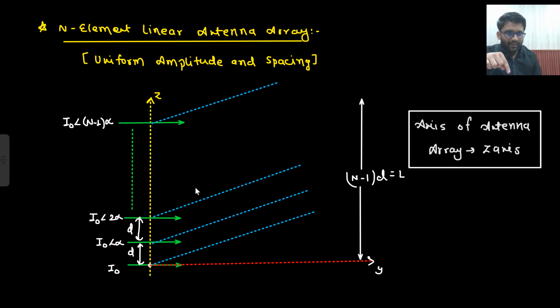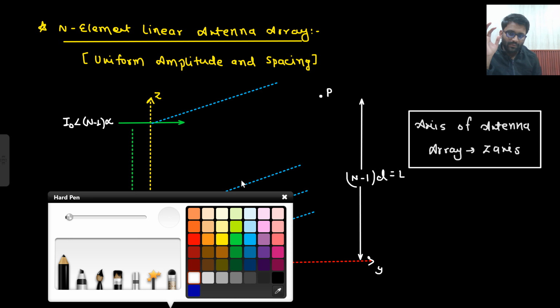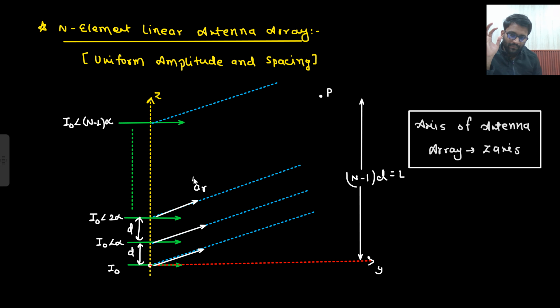Now what is the angle between the arms of the antenna and the R cap? Here will be some point P. All these are R cap, because all are parallel, so all have the same direction. So what is the angle between the arms of the antenna and R cap?